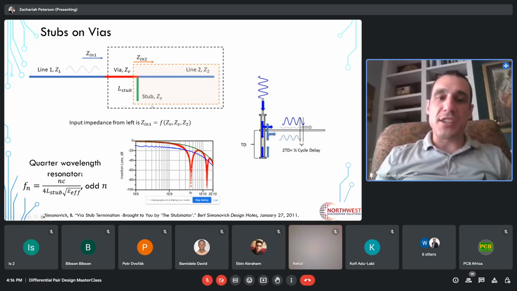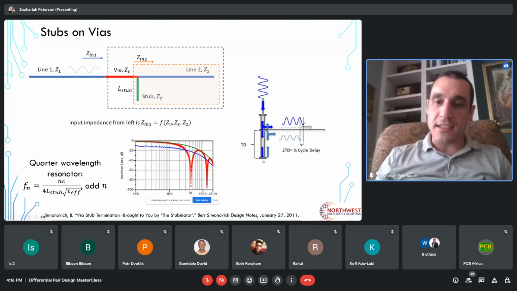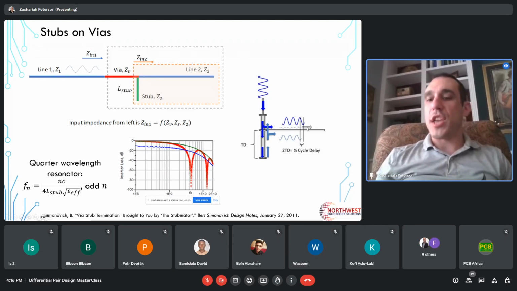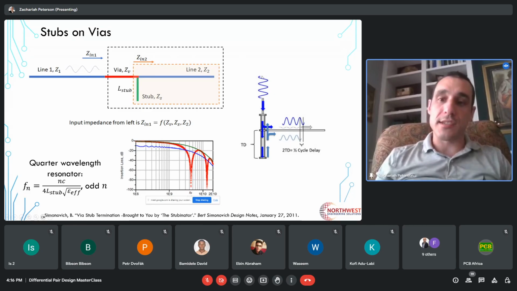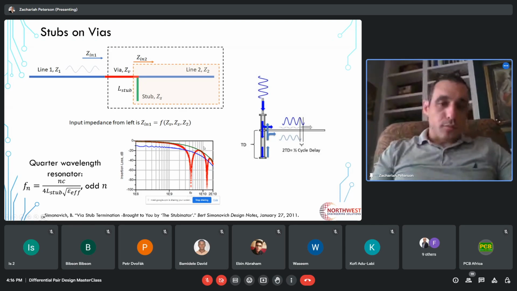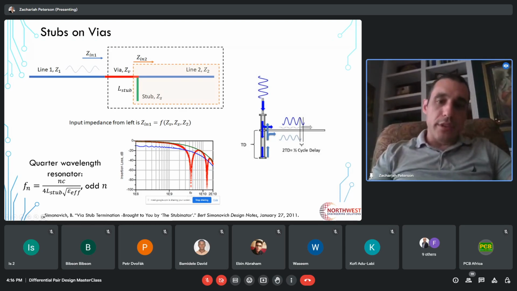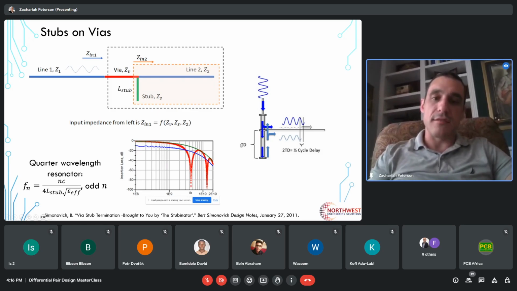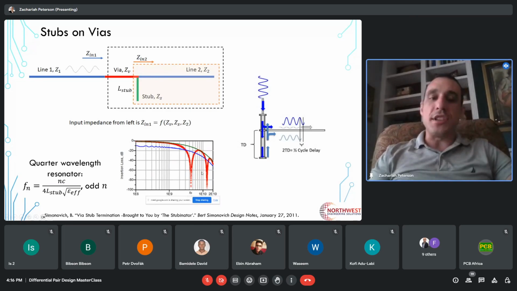And that is due to a 180-degree phase shift along this stub, which then creates destructive interference between the incoming signal and the outgoing signal or the reflected signal. Okay. So that means that you will then see these strong dips in this insertion loss spectrum if your stub is excessively long.